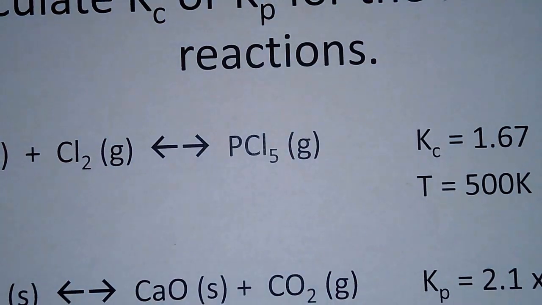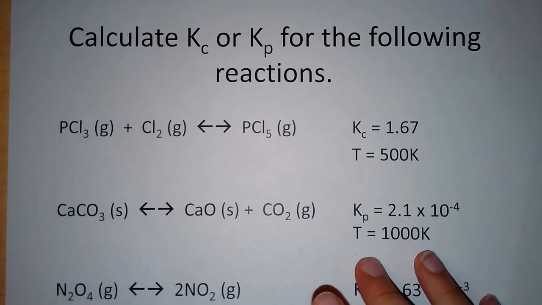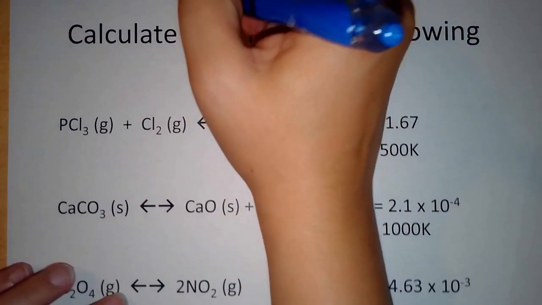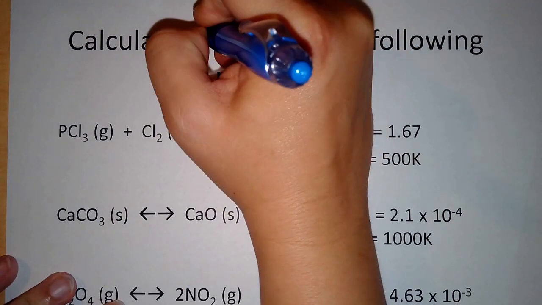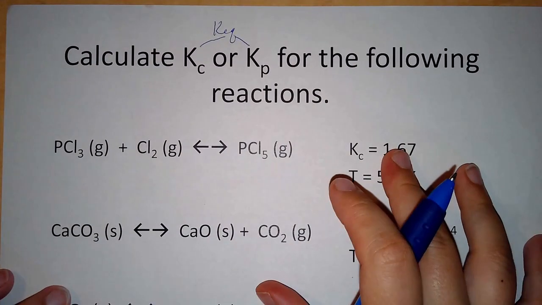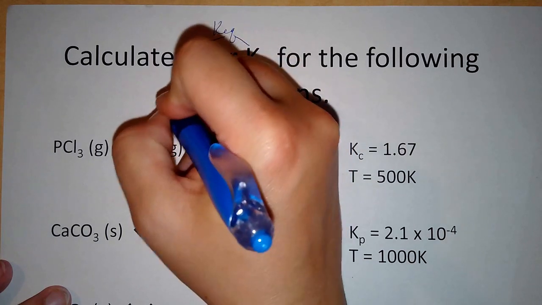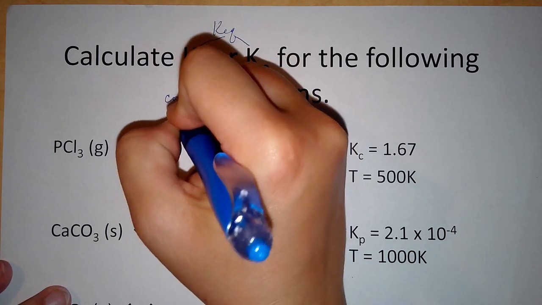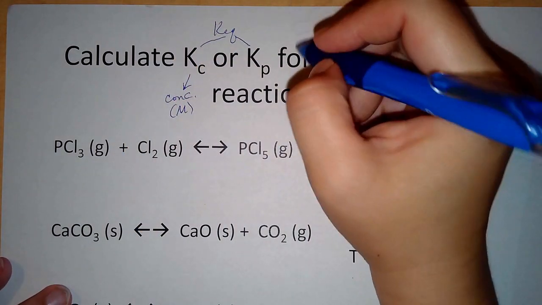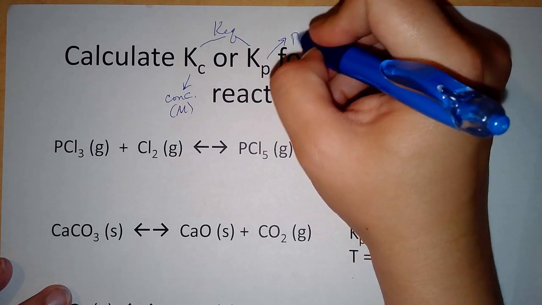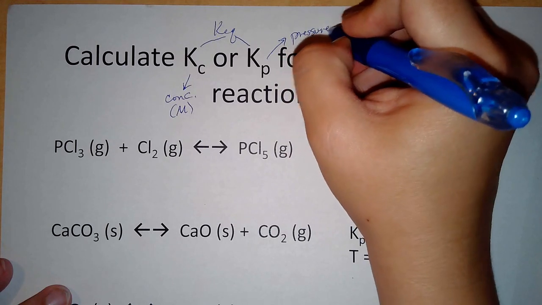Alright, we previously talked about the difference between Kc and Kp. So they're both KEQs. They both represent an equilibrium constant. Kc is measured in concentration units of molarity, and Kp is measured in gas units or pressure units of ATM.